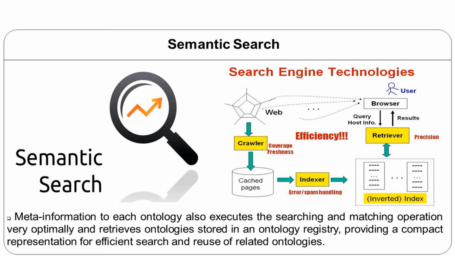This disambiguation is done depending on which ontology the semantic search is going to use. This is where semantic search is completely different from the basic search engines that do not use such semantics. And of course, because of the effort involved, it gives much more precise results than the common search engines.